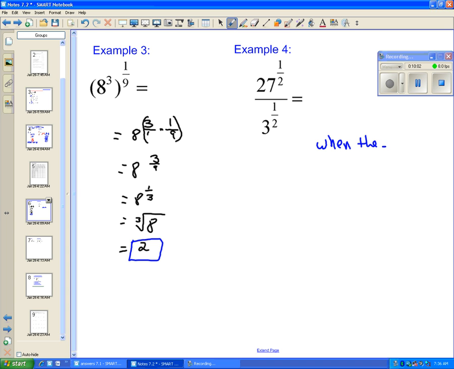When the exponents are common, are the same thing, like in this example, they're both 1/2, I can reverse distribute.